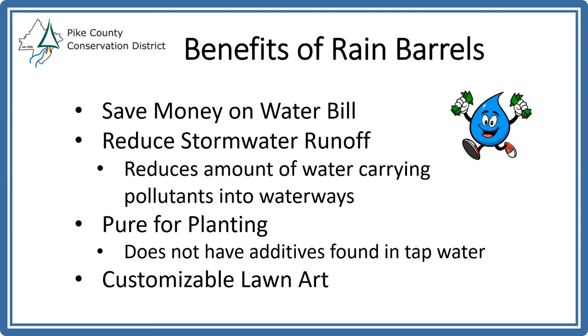It's pure enough for planting, so as long as you don't have asbestos on your roof, it doesn't have any additives that are often found in tap water, and it's just rainwater, so it's perfect for plants. And you can paint them, and you can do whatever you want with them. You can build it yourself, and it's completely customizable lawn art. So however you want to make your rain barrel look is completely up to you.